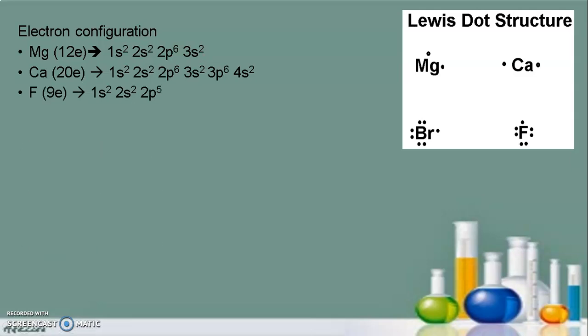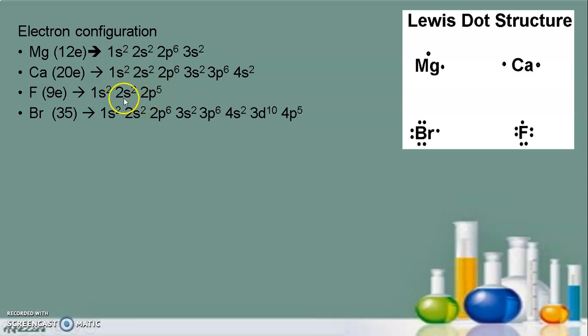Now let's have another example. This time we have fluorine and bromine. Fluorine has 9 electrons, bromine has 35 electrons. So fluorine has an electron configuration of 1s2, 2s2, 2p5. The highest principal quantum number is 2.